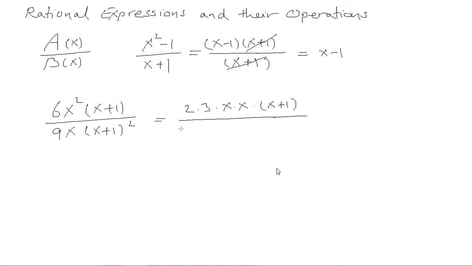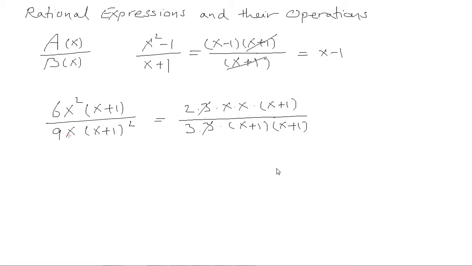And in the denominator, 9 is 3 times 3 times x, times x plus 1 times x plus 1. And now you can see this 3 cancels this 3.